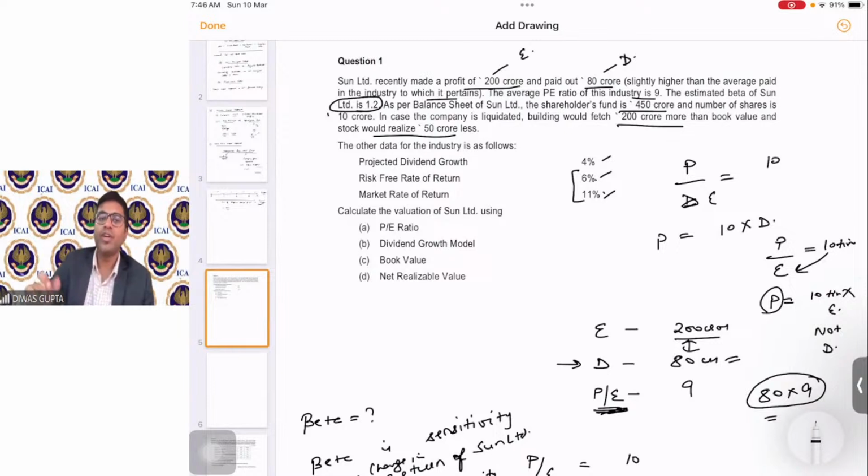That means we have to arrive at the cost of equity using the capital asset pricing model. Now they're asking us to calculate the valuation of Sun Limited using PE ratio, dividend, book value, and net realizable value. Now, students, we have discussed all these things.